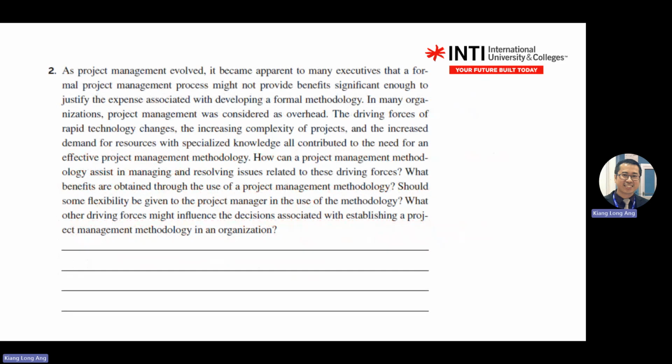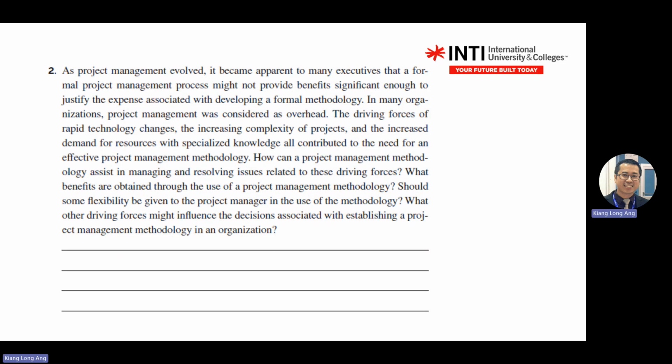Okay, so it's very lengthy. As project management evolved, it became apparent to many executives that a formal project management process might not provide benefit to justify the cost associated with developing a formal methodology. Project management can be considered as overhead, given the driving forces of rapid technology changes, flexibility, demand of resources, and methodology.